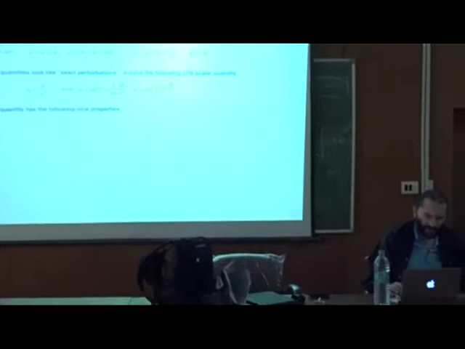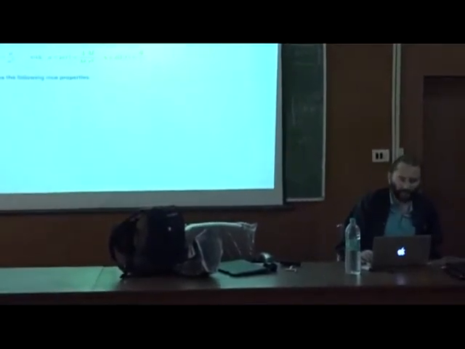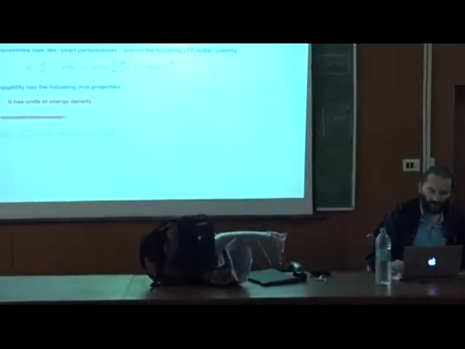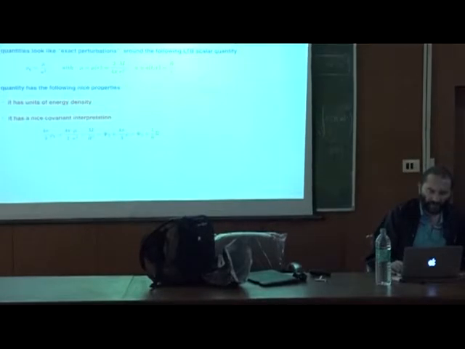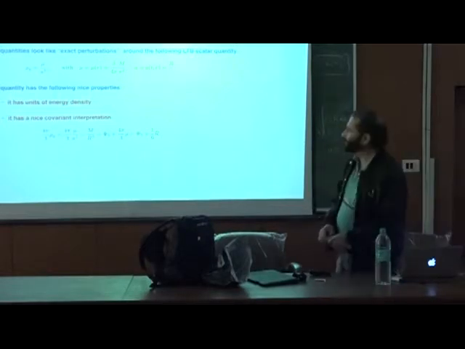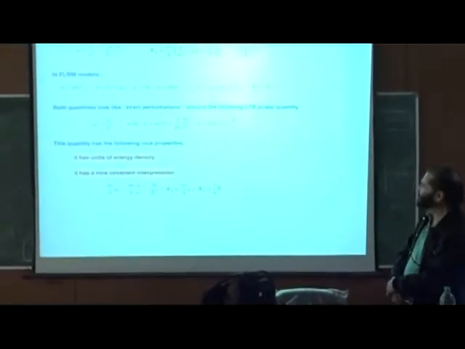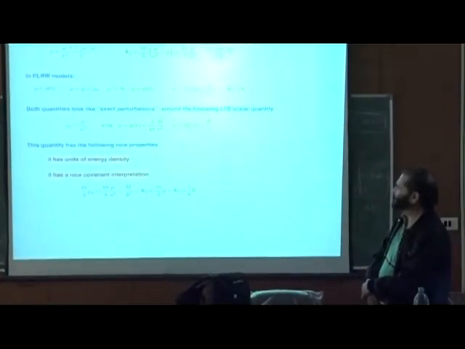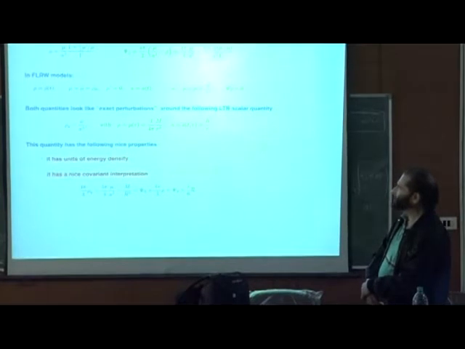And this quantity, this rho q, has very nice properties. For example, it has units of energy density, and it also has a nice covariant interpretation. Notice that this quantity, rho q, is mu divided by a cubed, which is m divided by r cubed, and it is the sum of the psi2 scalar times 4 pi over 3 times rho.